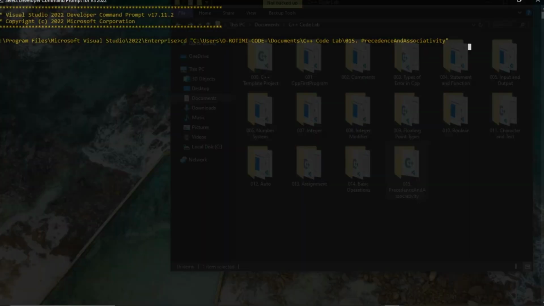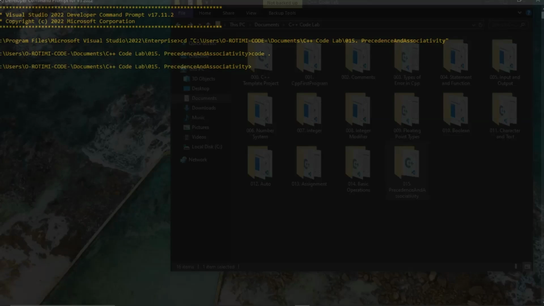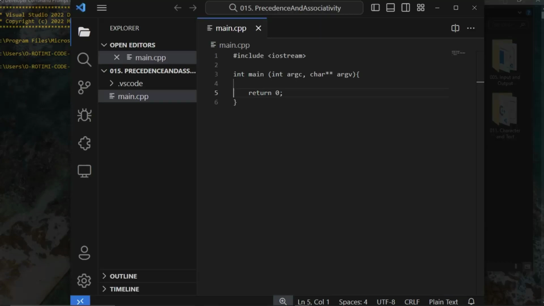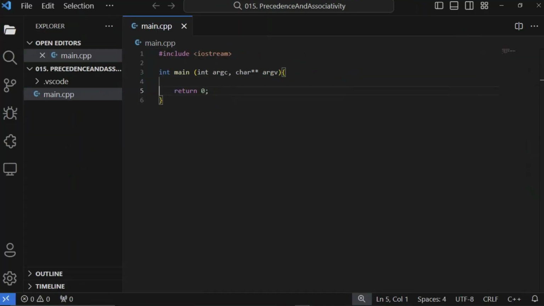Okay, so we're gonna type code and dot to open our folder. Okay, good. So now we have our precedence and associativity folder opened. So we're gonna work on that now.